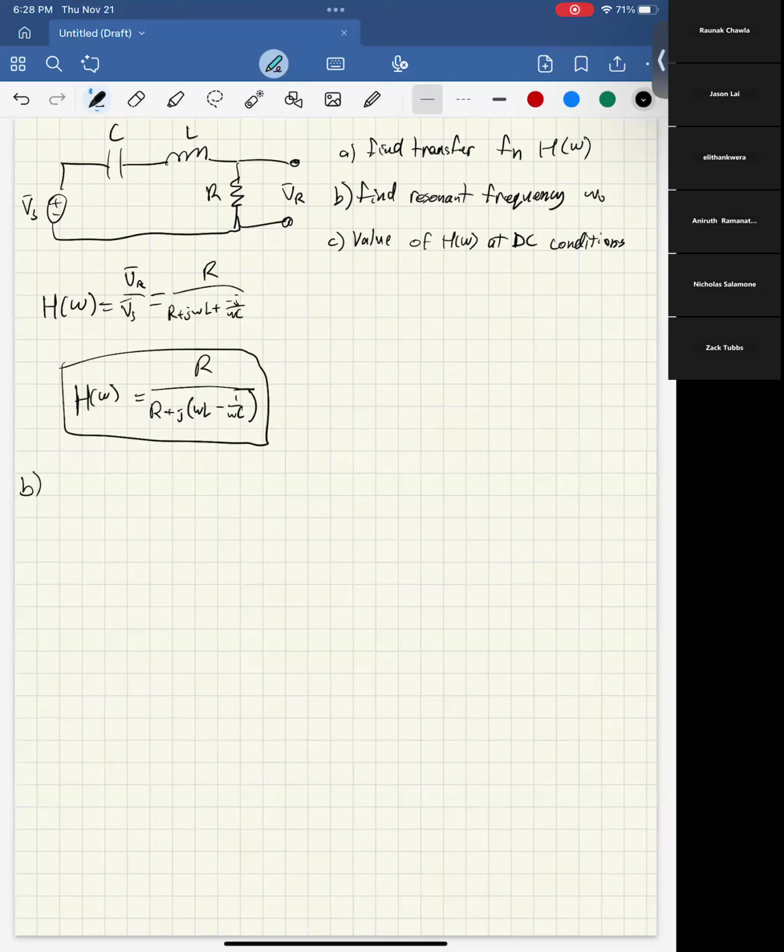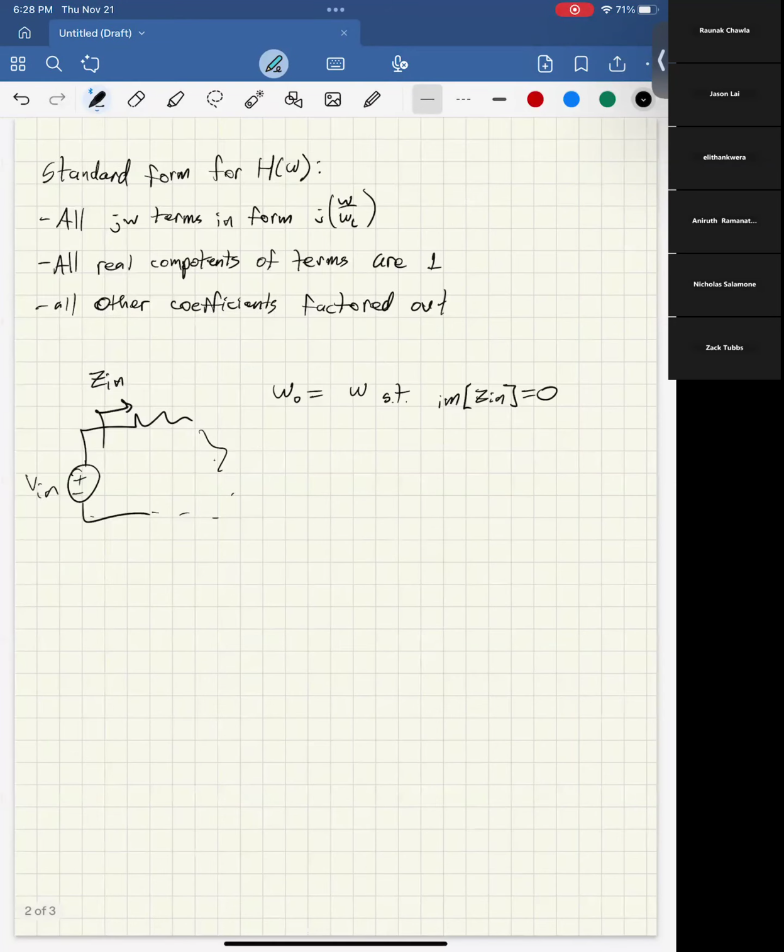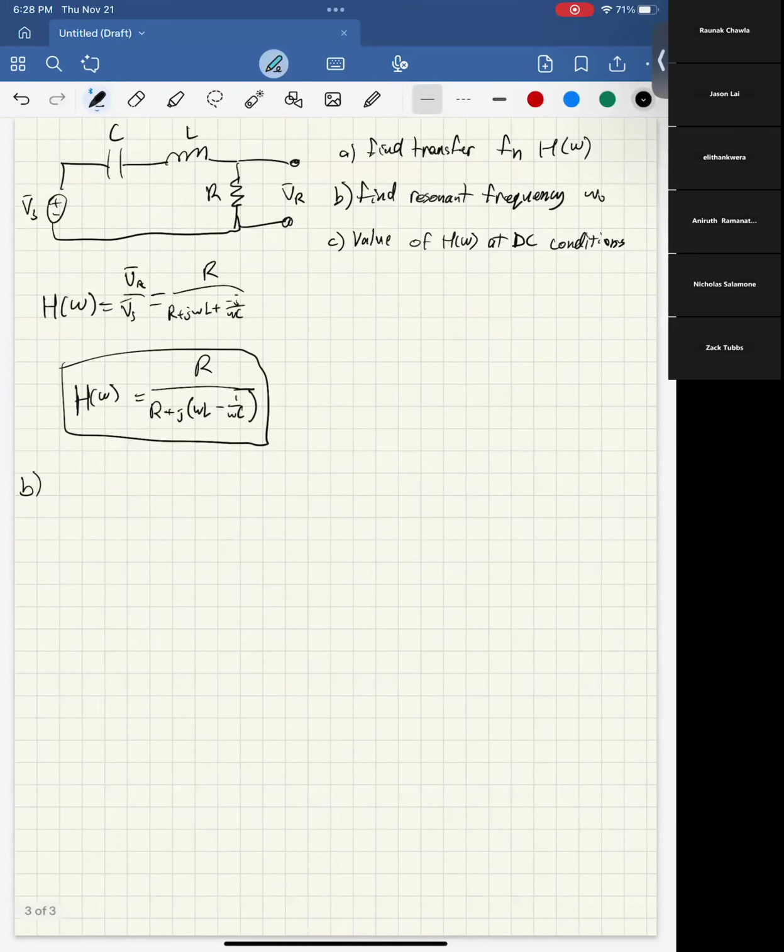For B, as I said previously, the resonant frequency is when the total impedance has an imaginary part of zero. Here, I probably should have called it Z equivalent because I think you're more used to that.